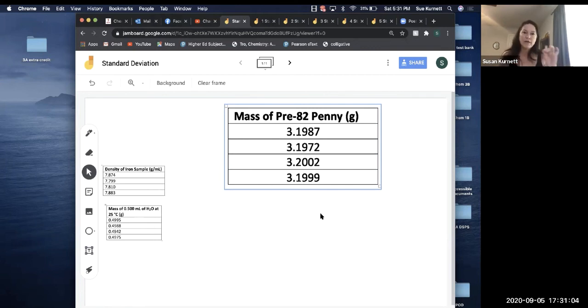The bar above mass means I'm reporting a group average, or the mean. You're going to come up with an average, and that's what the calculator gives you. Then you're going to come up with a standard deviation, and this one happens to be 0.001. I've already done it. If this is 1, 2, 3 past the decimal, that's the last place you're going to report. So what I expect the group to come up with is something like this.